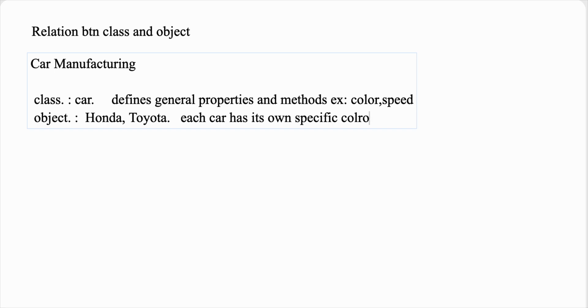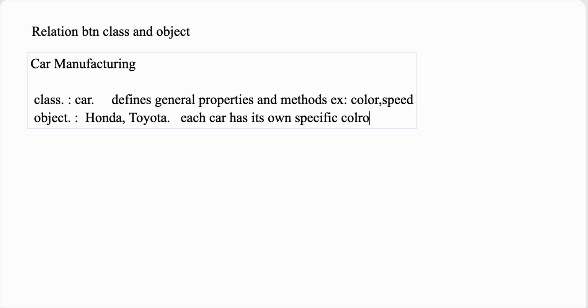So these are the things regarding the relation between the class and object. We can give one more example, one more scenario regarding the relation between class and object. Instead of student record, you can take a restaurant menu. In the restaurant menu, the class we can say is a dish.